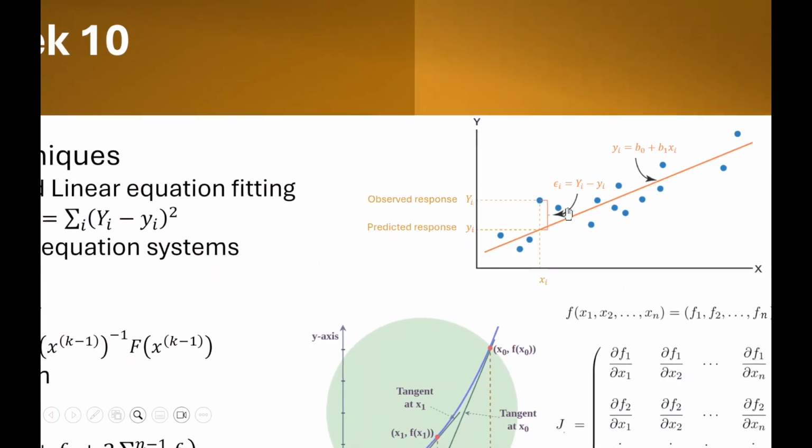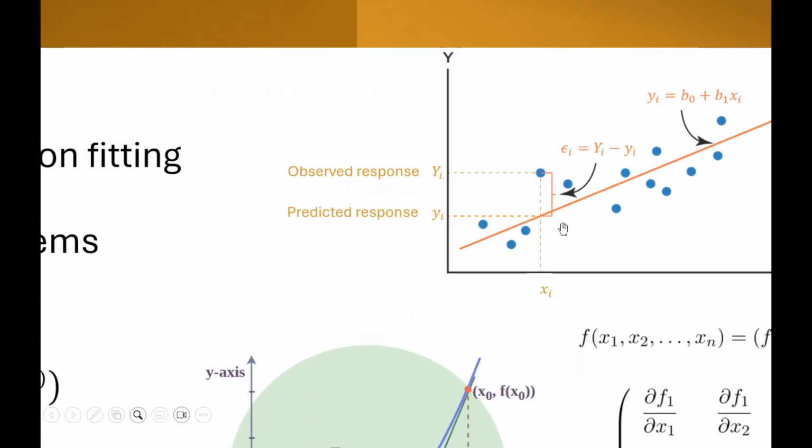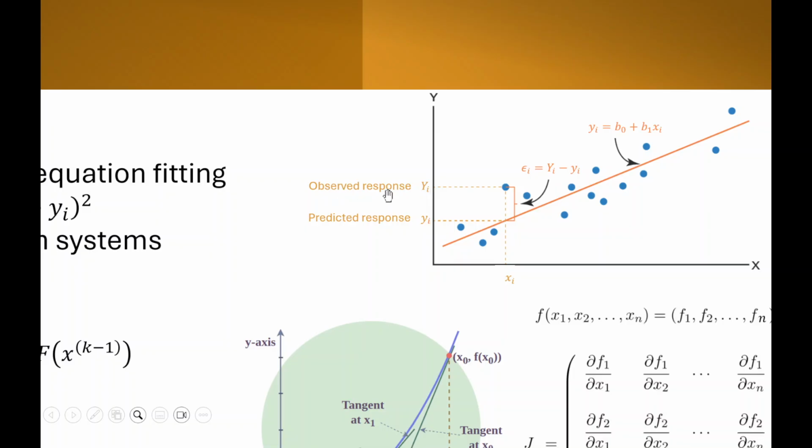So the error at this xi will be this yi, your yi minus your small yi, which is your observed response. Observed response pertains to your experimental value, and predicted response is based on your model.